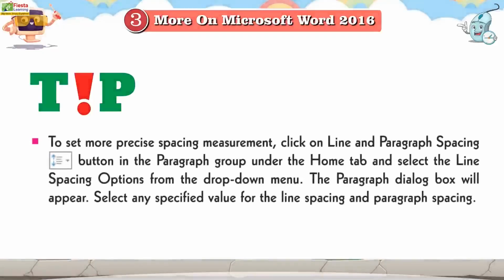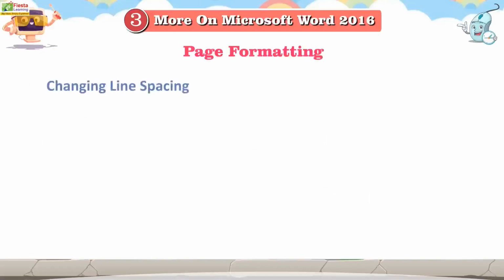under the Home tab and select the Line Spacing Options from the drop-down menu. The Paragraph dialog box will appear. Select any specified value for the line spacing and paragraph spacing. Changing line spacing.